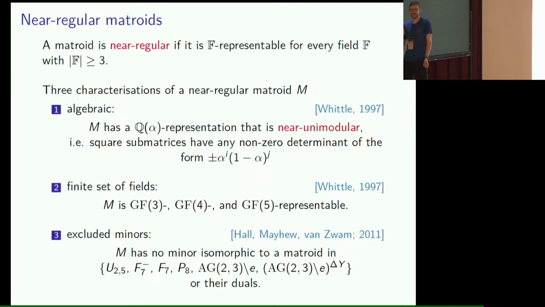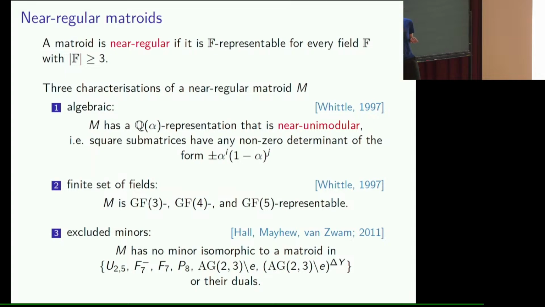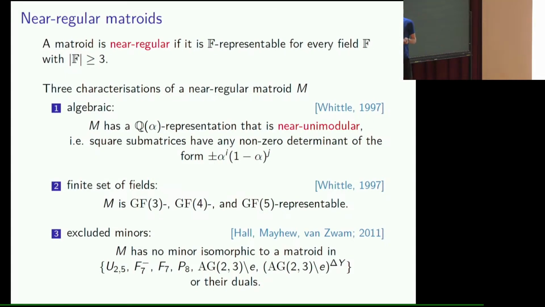If we move to near regular matroids, so ones that are representable over every field of size at least 3, again we have 3 characterizations of this type. So first of all, for what I'm calling my algebraic characterization, now we're looking at representations over the rationals but extended by some indeterminate alpha, and we're going to require that our square submatrices, the non-zero subdeterminants, are products of positive or negative powers of alpha and 1 minus alpha.